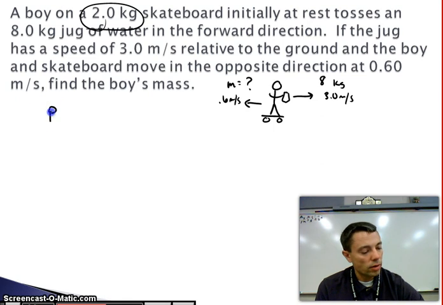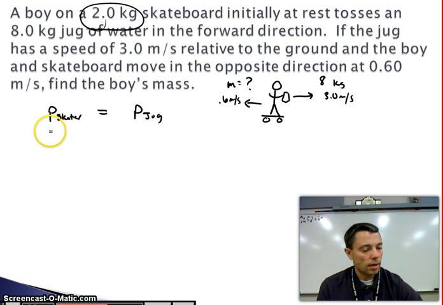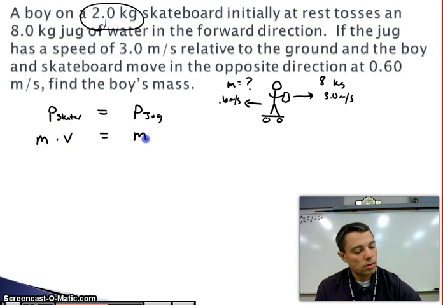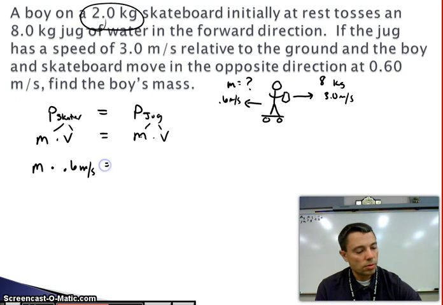Okay? So again, I'm just going to set this up where I say, my momentum of the skater is equal to the momentum of the jug. Okay? And so again, the mass times the velocity is equal to a mass times a velocity, but remember that these have to be for these items. Mass of my skater, I don't know. Velocity, I do know. Mass of my jug, I know. Velocity of the jug, I know.